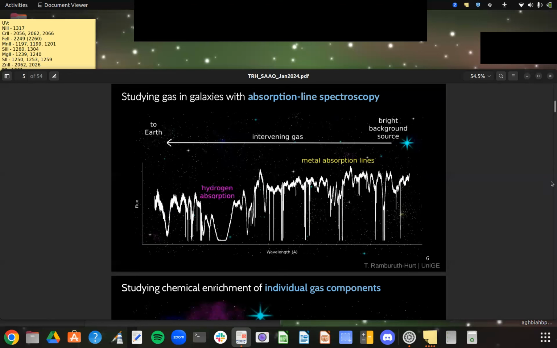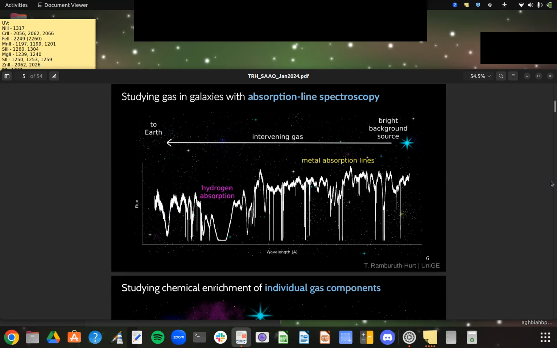So in my work, I study the gas in galaxies using absorption-line spectroscopy. That is where we have a bright background source. If it's external galaxies, it's usually a quasar. But if we're inside the galaxy, the Milky Way, then the background source is generally a very bright star. The light from this background source travels through the intervening medium until it reaches us here on Earth.